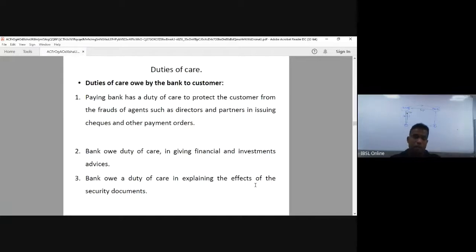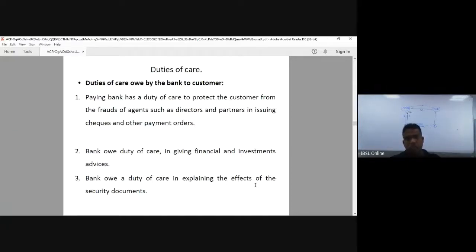Then the third one: the bank owes a duty of care in explaining the effect of the security documents. This is another very important point that I want to stress, because this is also one of the common faults that I see on the bank officers' side.